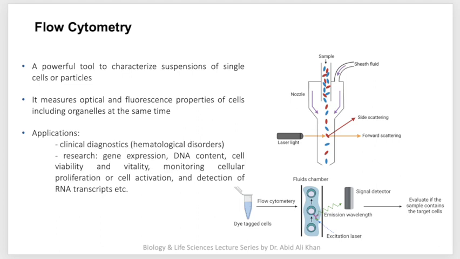And then, of course, there's an excitation laser, an excitation and emission spectrum. So if it's a blue laser with a 488 nanometer wavelength, then it will hit the dyes, and the dyes will absorb energy, and then there will be an emission spectrum with its own wavelength, and based on these two wavelengths, we can detect many of these particles.